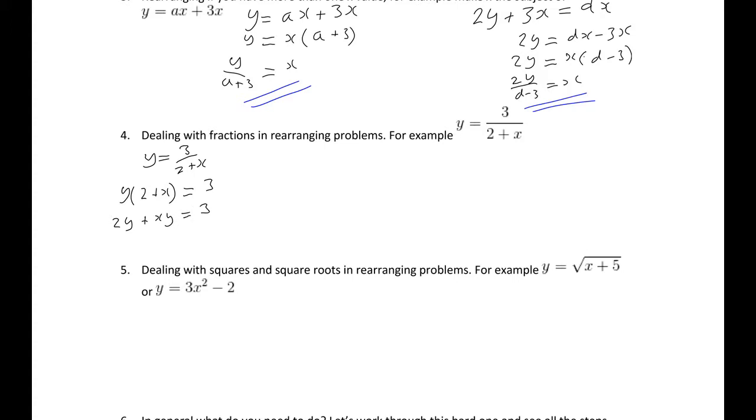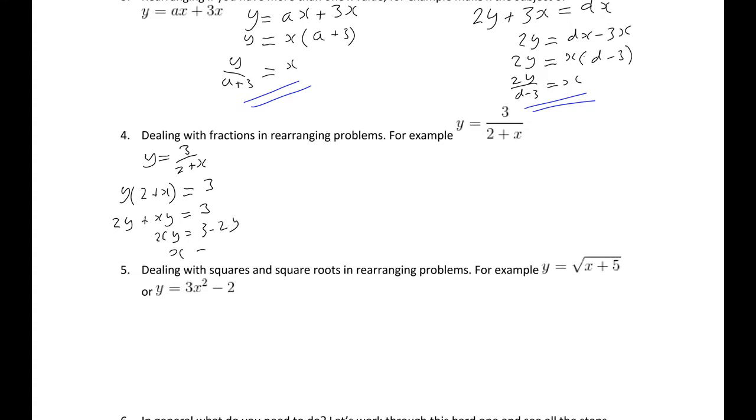Now all we've got are individual terms, and we want to get x on one side, everything with x is on one side, and everything without x is on the other side. So we take 2y from both sides, and we get xy equals 3 minus 2y. And now what we have times by the x is y, so we divide everything by y.